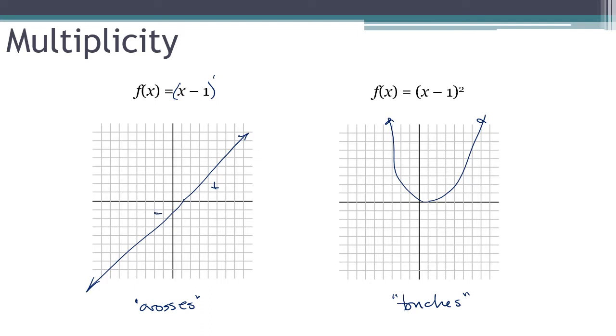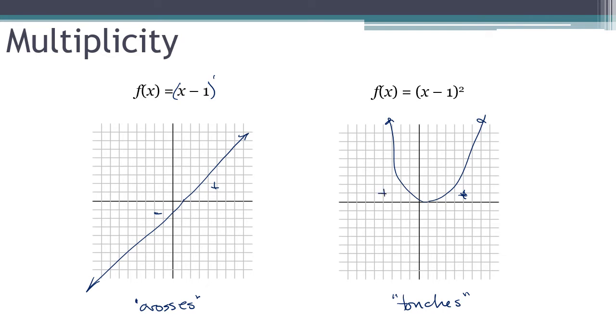And that's why you see this behavior here where the graph is on opposite sides of the x-axis. Over here on the parabola side, when you square a number, it's always positive. That's why you see the graph is above the x-axis here on the left, and here on the right.